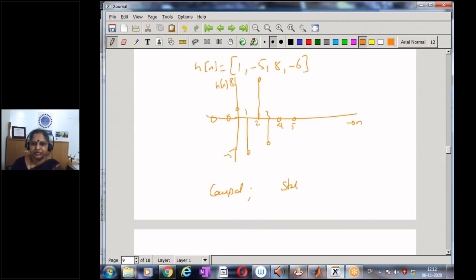It is stable because the sum of the magnitudes of h[n] is finite, and it is once again an FIR system because the duration of the impulse response is finite.